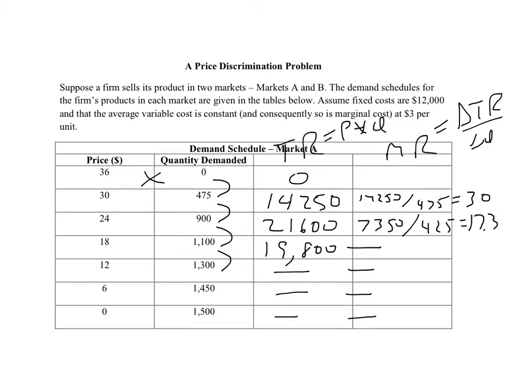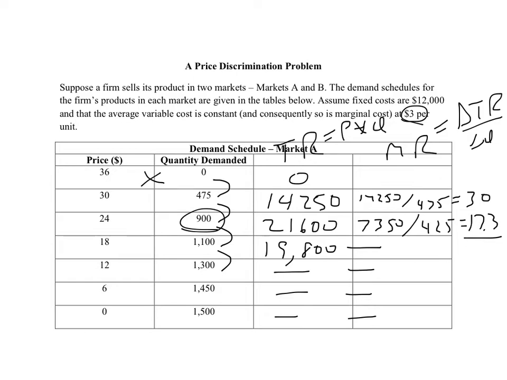Well, where is that? The highest level of output where marginal revenue is greater than marginal cost is at 900 units. Marginal revenue is 17.3, marginal cost is 3. Anywhere beyond that, marginal revenue is negative, less than 3.